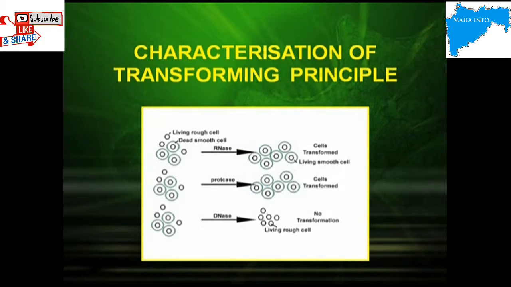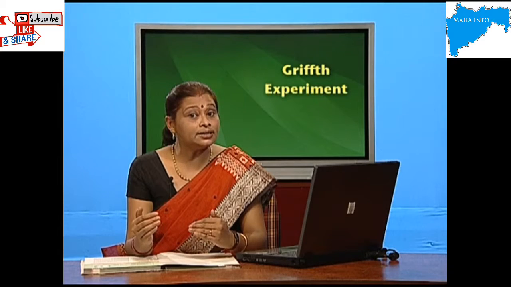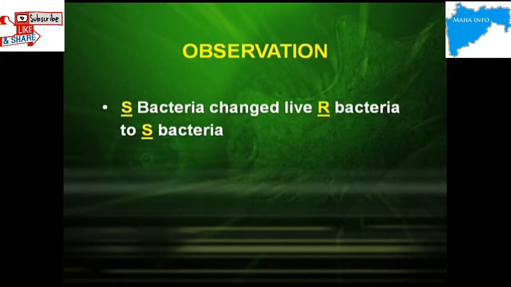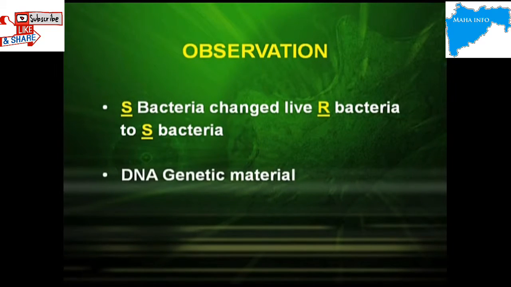On the other hand, proteases and RNases did not affect the transformation. So, that clearly proves that DNA is the genetic material. Their observation was that S bacteria changed live R bacteria to S bacteria, and so the mice died, and that was the characterization by the scientists that DNA is the genetic material.